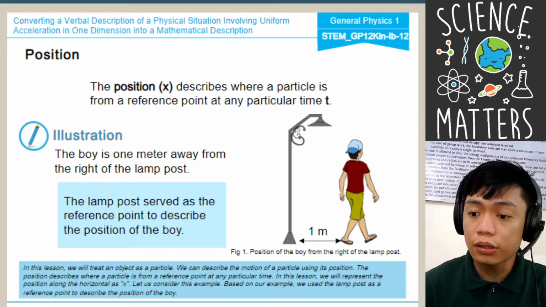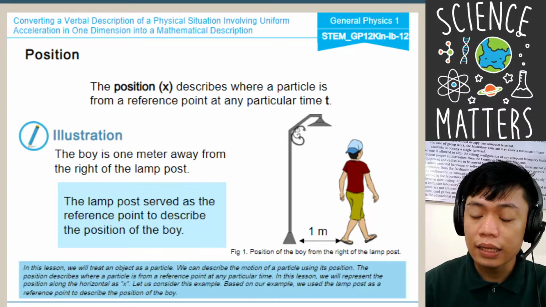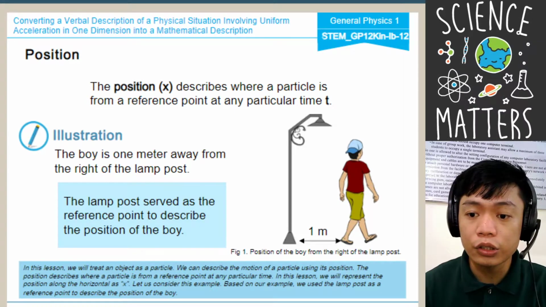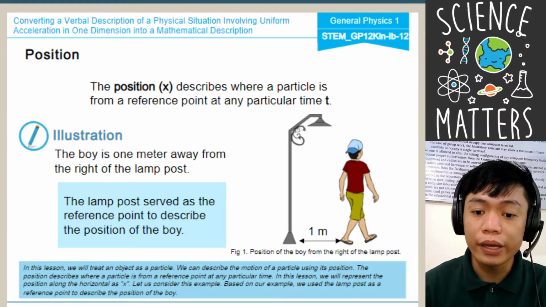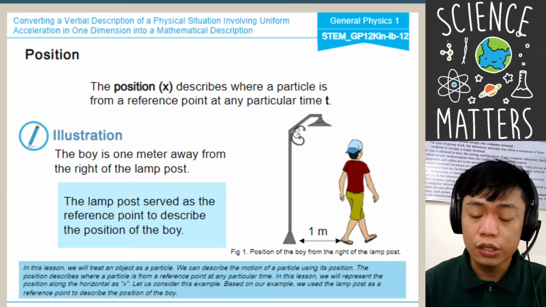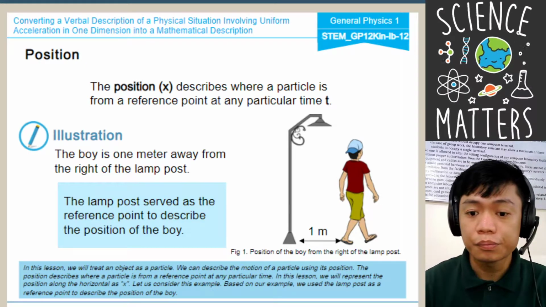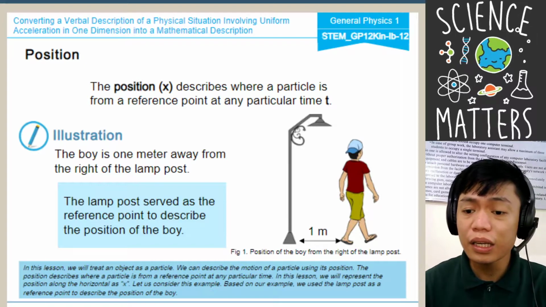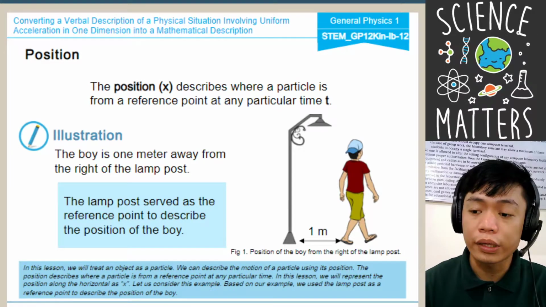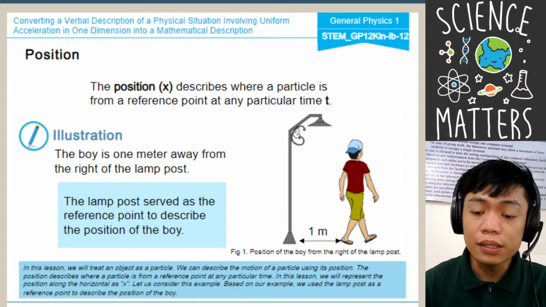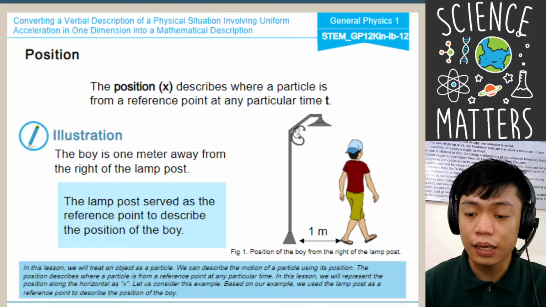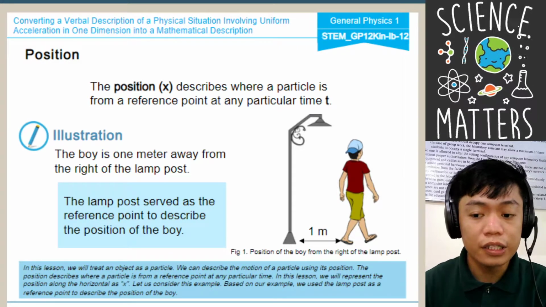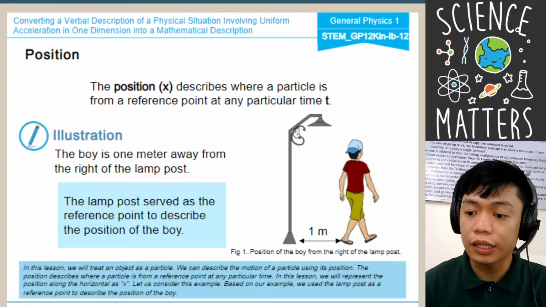In this illustration, we can see that the lamppost is the point of reference, and the boy is moving away from the post. We can integrate time in the movement of the boy away from the post. Basically, the boy is 1 meter away from the right of the lamppost. So the lamppost serves as the reference point to describe the position of the boy.